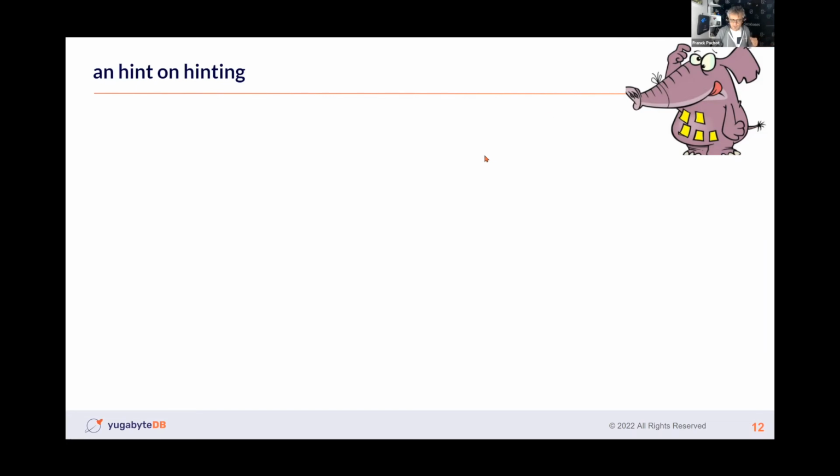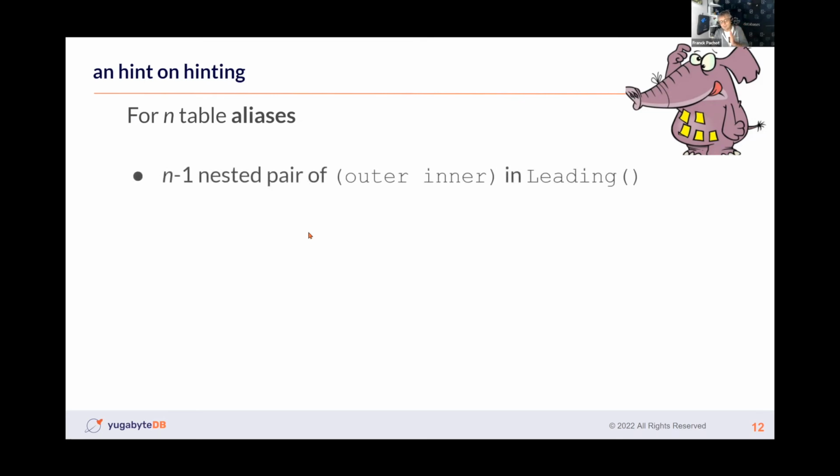And let me show you a few things that we can do. Just before, but it's more as a reference, I don't want you to remember that. We have seen the case for 3 tables that we need Leading with 2 nested pairs of parentheses and 2 join methods. If it's not 3 tables, but n, you will have n minus 1 nested pairs in Leading.